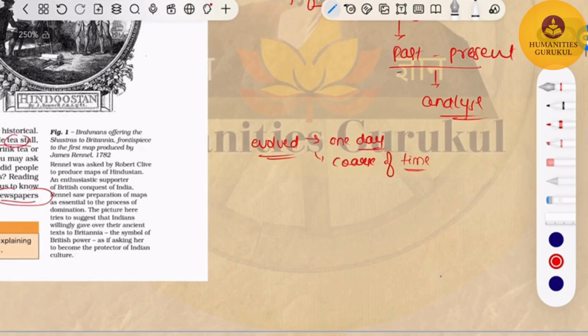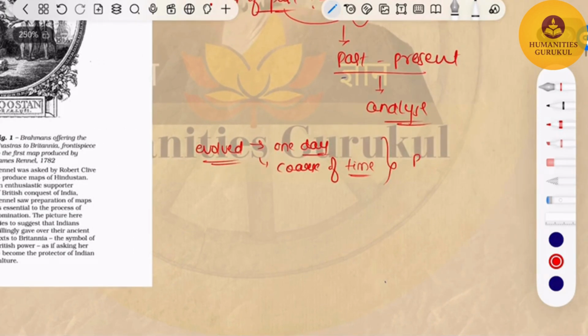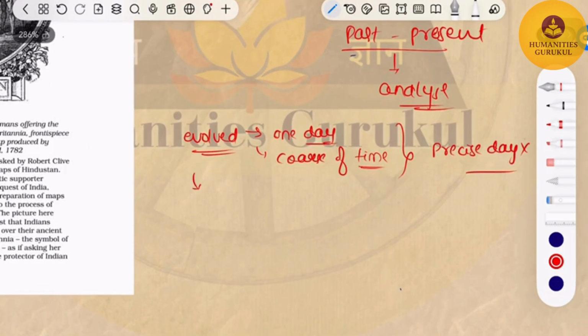We cannot find any precise day for these things. Precise day is missing. Why? Because you cannot tell me any one day when people started drinking tea or any one day that the railway started. A more suitable example is the establishment of British rule.